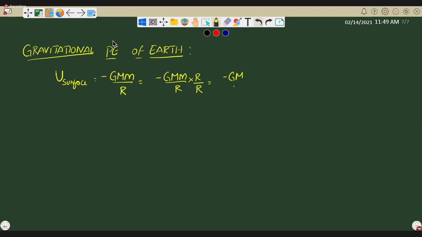This will become minus GM divided by R square into m into R. What is GM by R square? G, acceleration due to gravity. So did you arrive at your formula, potential energy is equal to mgh? Clear?